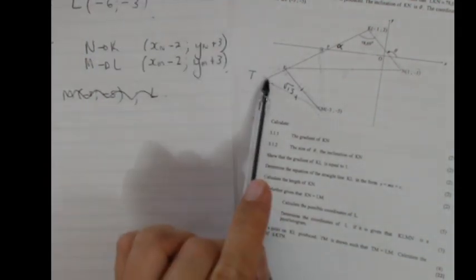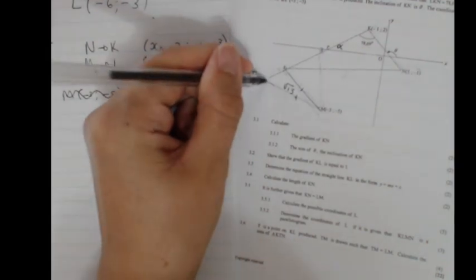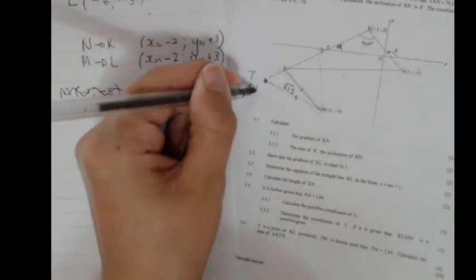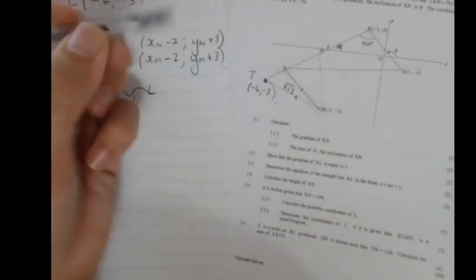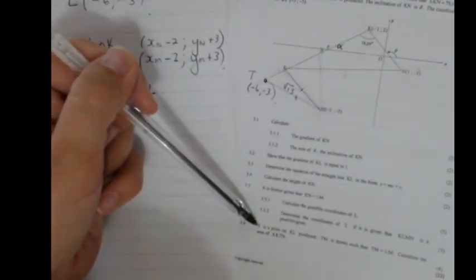The problem is that T is going to be this side. It's not going to be that side. Because I already know, oh, that's the point (-6, -3). So I have that coordinate of T as (-6, -3). T is a point on KL produced.